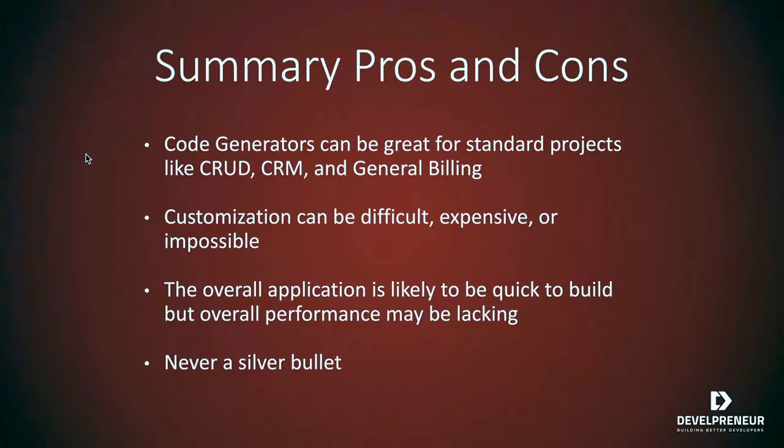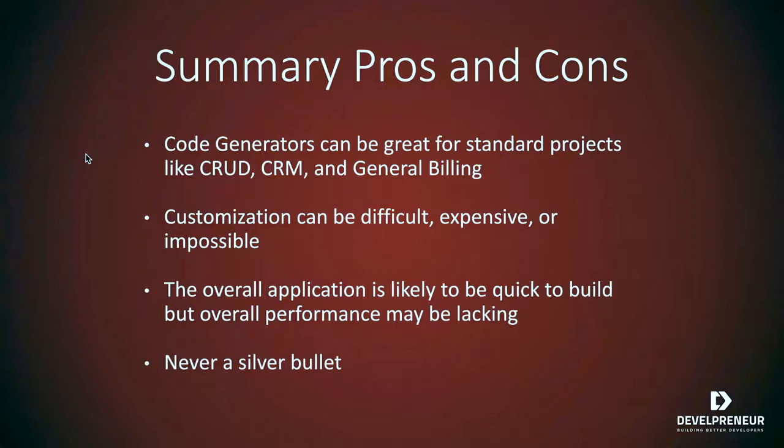Those are very surface kinds of changes, but the underlying functionality is really close to the same. So those kinds of things are perfect for code generators. They give you a really good foundation, and often are pretty easy to extend.